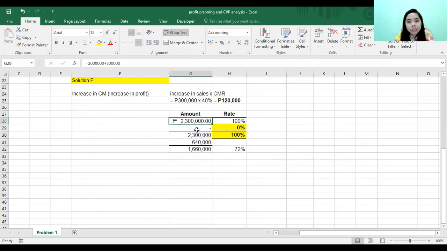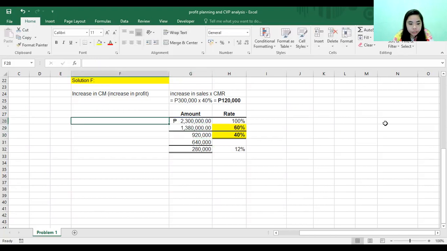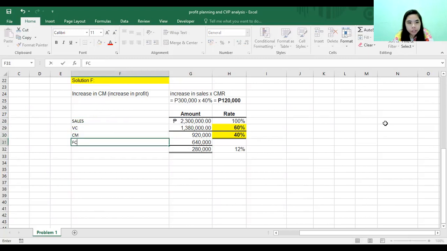Your CM is 40%, and your VC is 60%. To get the peso variable cost, just simply multiply 2.3 million times your VC ratio. So, this is your sales. This is your variable cost. This is your CM. This is your fixed cost. This is your profit.